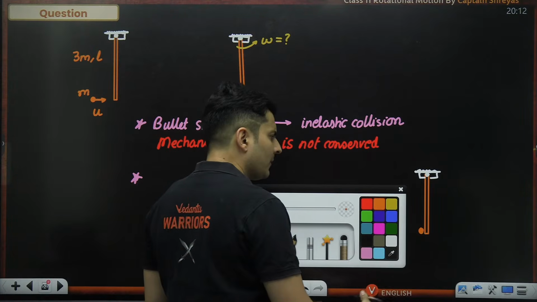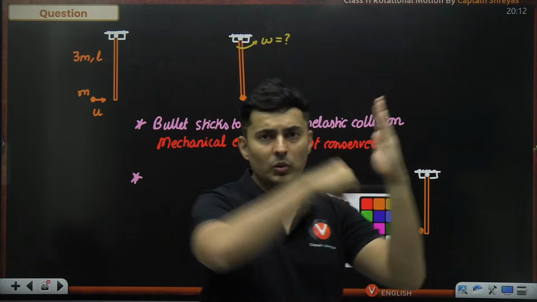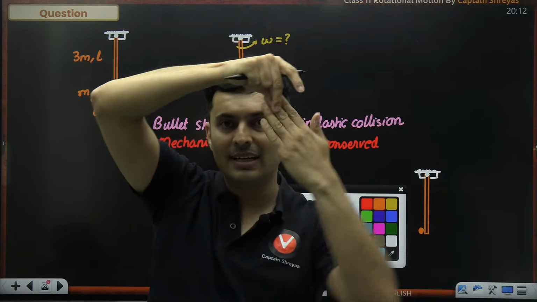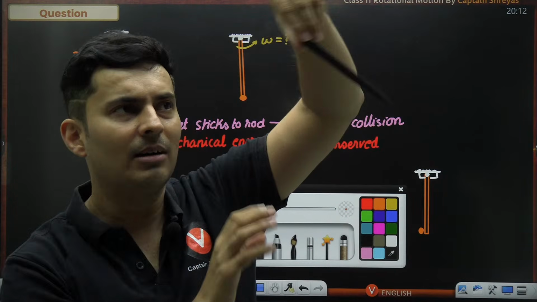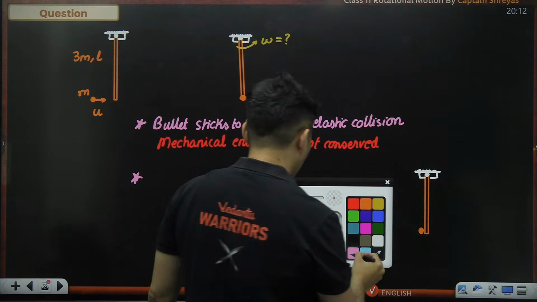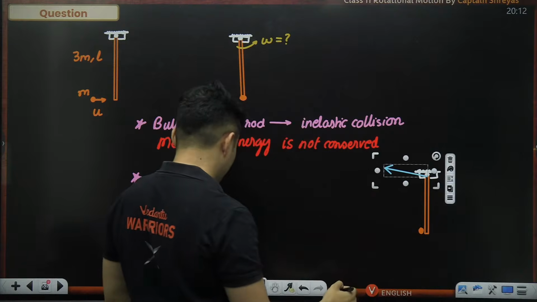So don't you think that the rod will suddenly try to get itself detached from the hinge point where it is pivoted? Just visualize it. This rod is just hanging, something comes and hits, you feel some force here, right? So don't you see that there will be a sudden kind of an impulse?